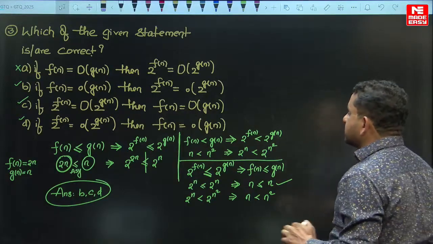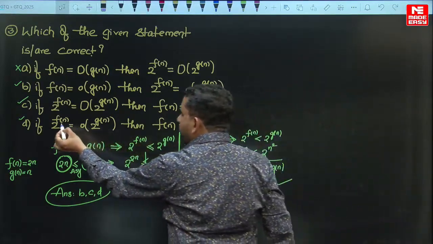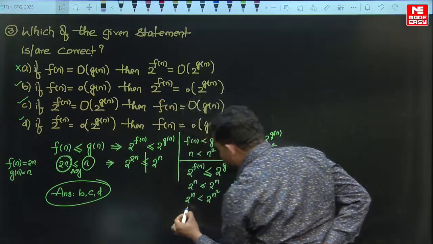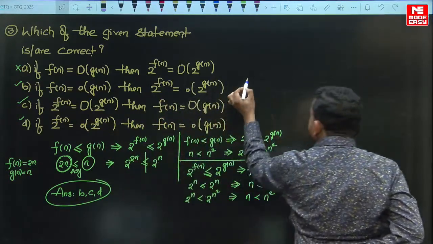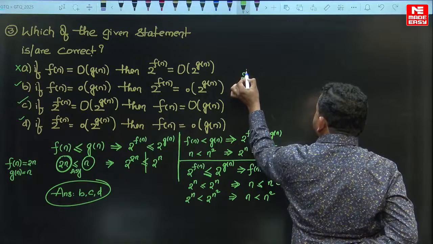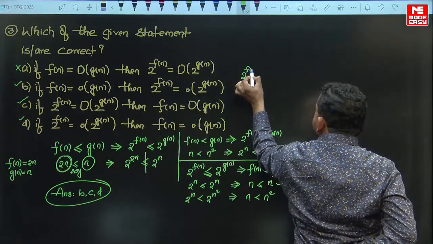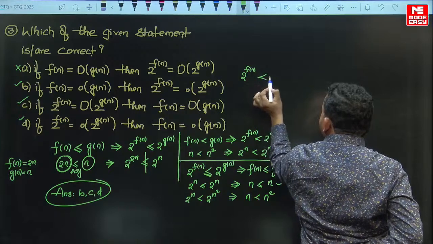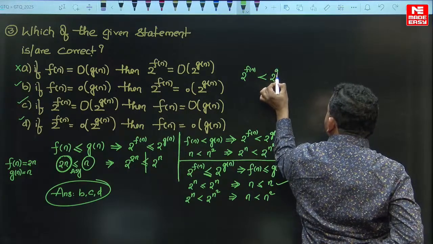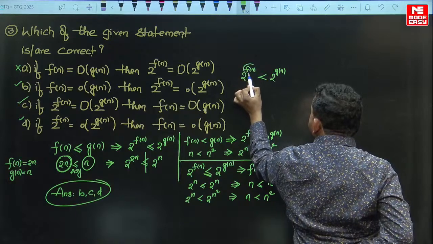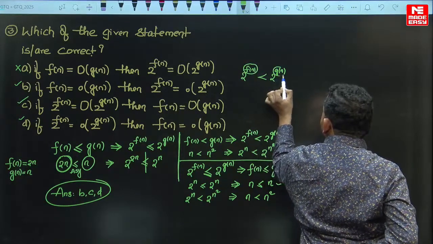How is option D true? See, 2 power f of n is asymptotically smaller, little o, than 2 power g of n. So to satisfy this condition, f of n must be asymptotically smaller than g of n.